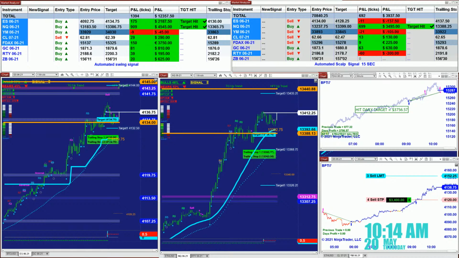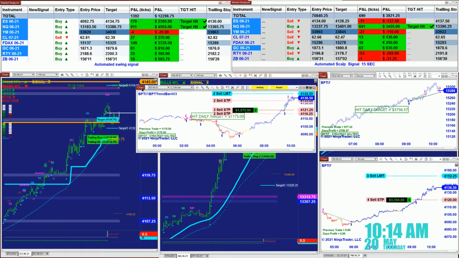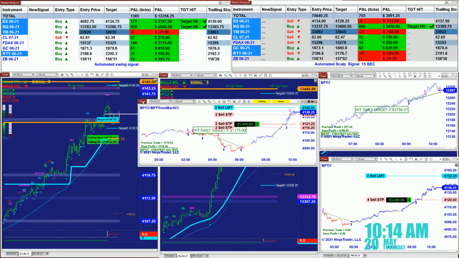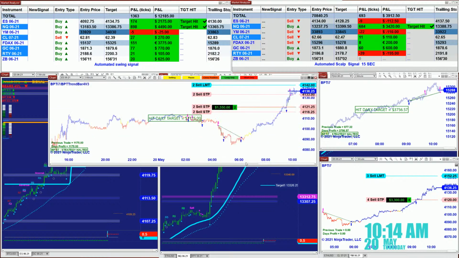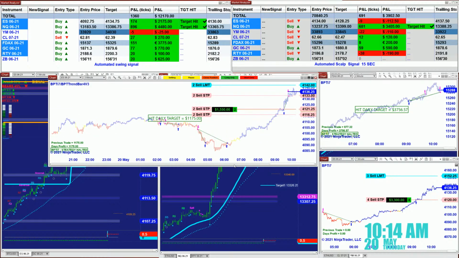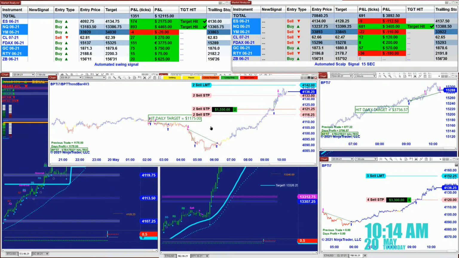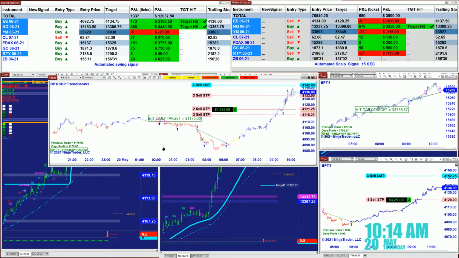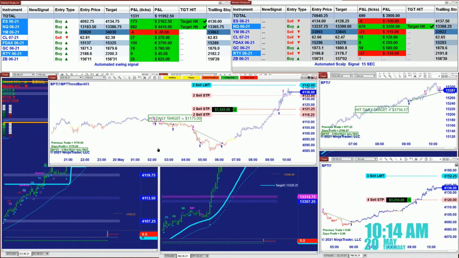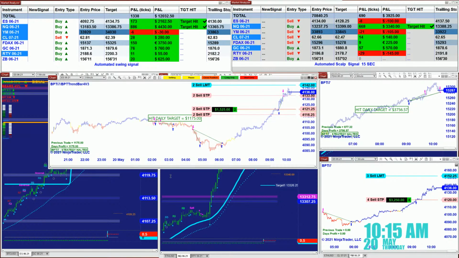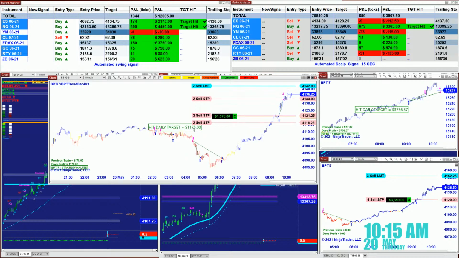I have one ES on 3 minutes, but the rest they're not. Here is your ES on 3 minutes, and it's the same auto trade. And as we see, all of them, the target is 1,000, and we already hit 1,175.